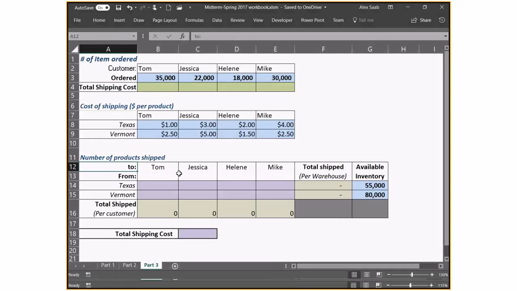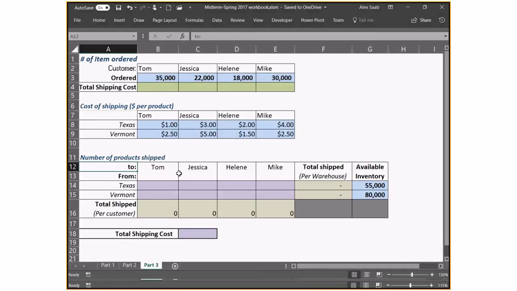For Helene, you want to ship from Vermont, the same for Mike. But the problem, these two centers have limited different inventory. So the question is how much you need to ship to each one, from where, to minimize your shipping costs. Simple.